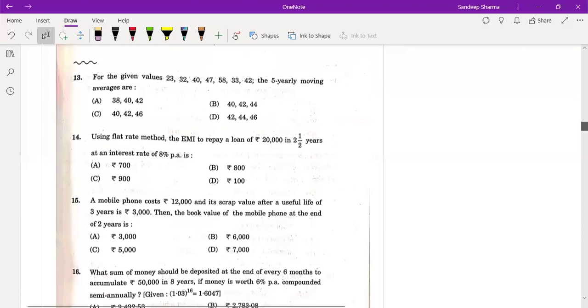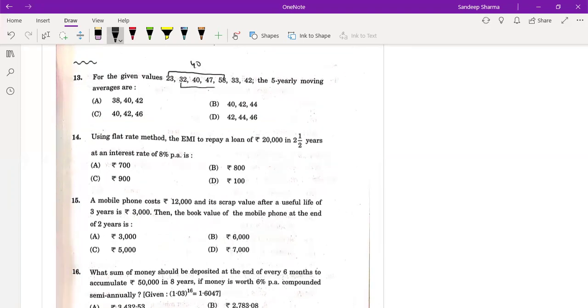Question number 13. For the given values, the 5-year moving averages are. 5-year moving averages means we need to take the first 5 values and take out the mean. 23, 32, 40, 47, 58. So 200 by 5, 40. The first value will be 40.